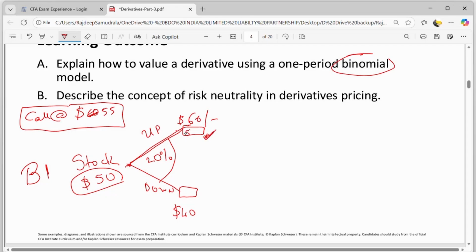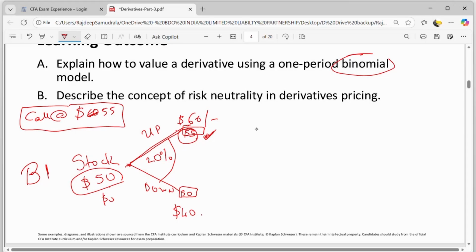Very good. So $5 is the worth of the call if it goes up to 60. If the stock goes down to 40, what's the value of the call? 0. Very good. Obviously it is 0 unless there's time value.